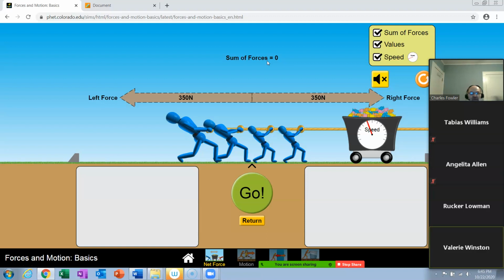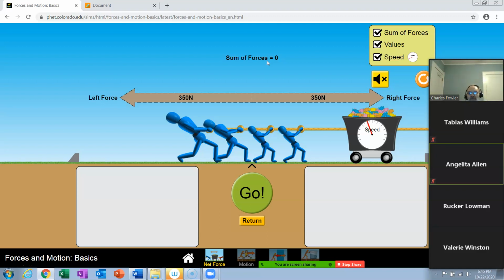Okay, zero first. If the sum of forces was zero, what can you tell me about the speed? Yes, exactly. The speed is constant. It doesn't change. If the speed was zero, it stays zero.